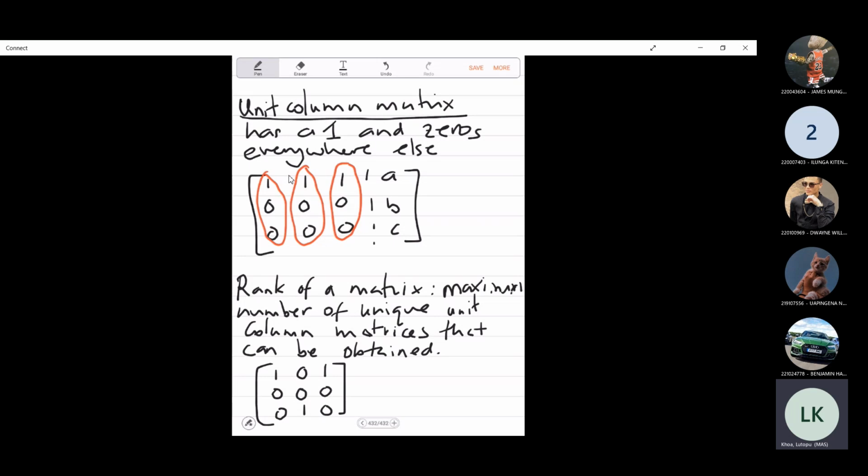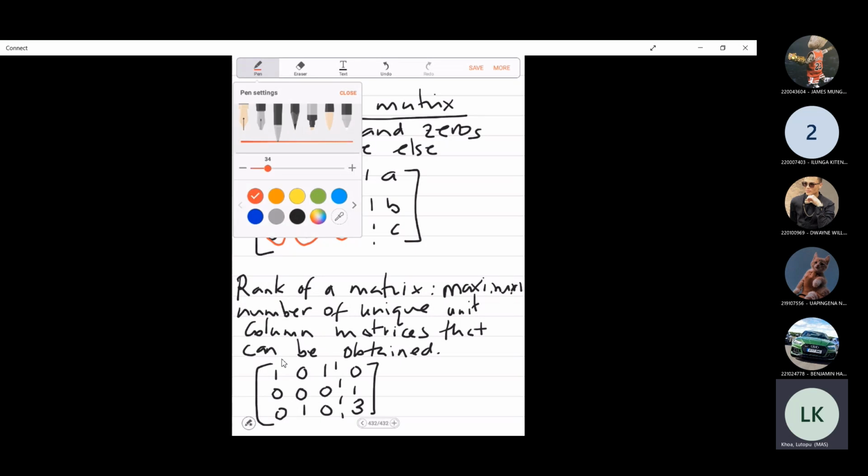Let me just write the augmented matrix. And then here I have 0, 1, 3. So this one here is a matrix of rank 2 because there are only 2 distinct column matrices.